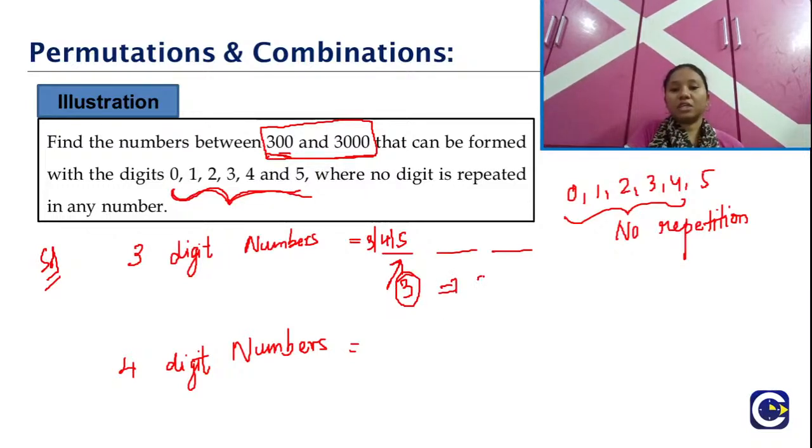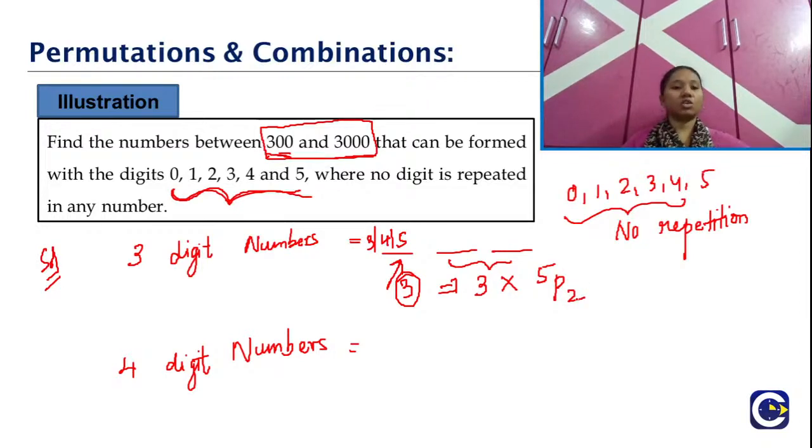So that will be 3 into, so one digit amongst these 3 will always be fixed here. If one is fixed, what is the remaining number of digits? Among 6, 1 is fixed, so the remaining will be 5. Amongst these 5, we will be placing them in these two places. That will be 5P2. So the number of 3-digit numbers using these 5 digits without any repetition is 3 into 5P2.